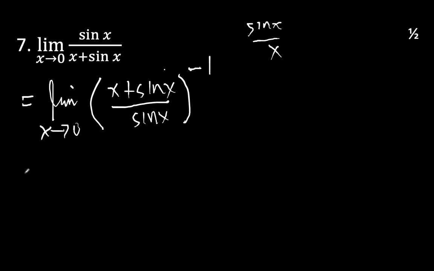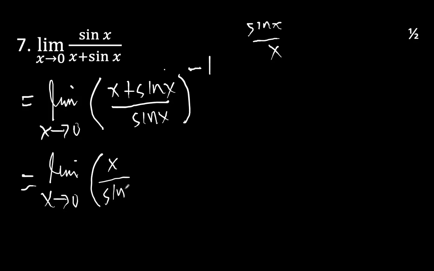All right, so we can now simplify this. I can have the limit as x approaches 0 of x over sine x plus sine x over sine x, which is 1, all raised to negative 1. And I can now take the limit.